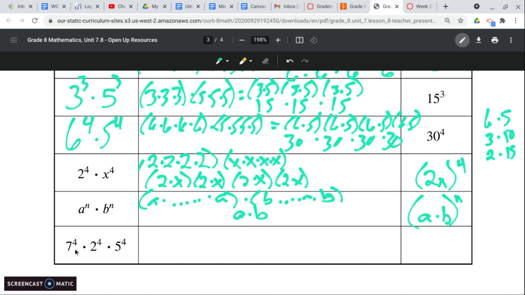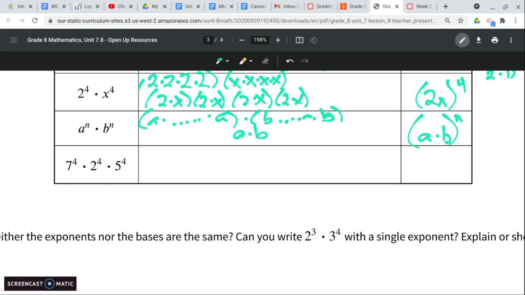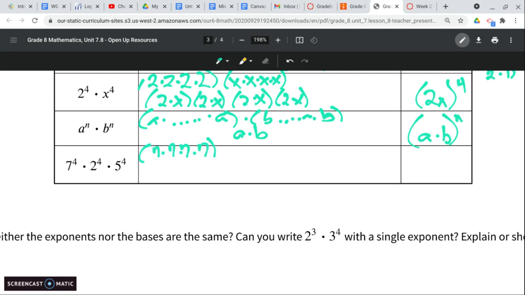So here we have 7 to the 4th times 2 to the 4th times 5 to the 4th. So we'd have 7 times 7 times 7 times 7, 2 four times, and 5 four times. So we'd have all of those.